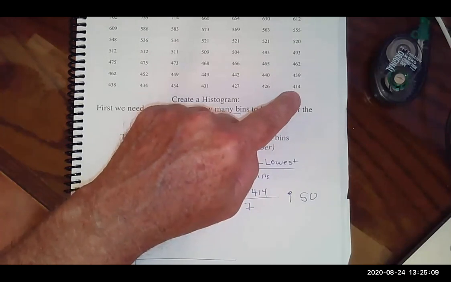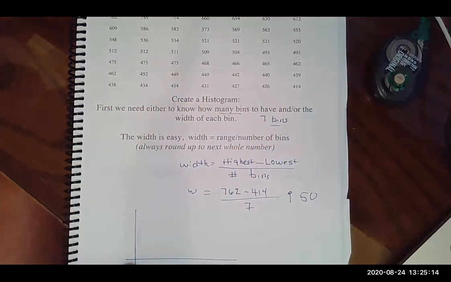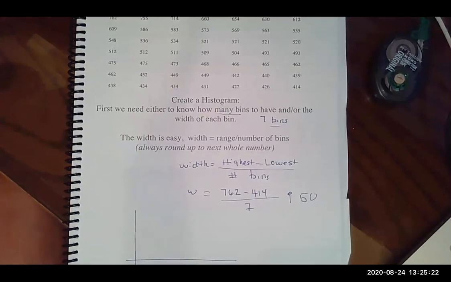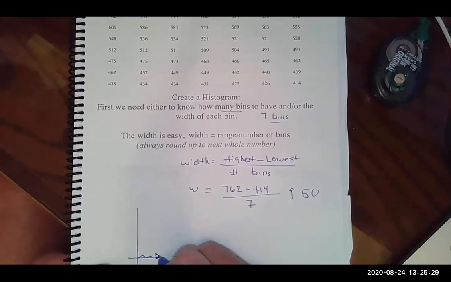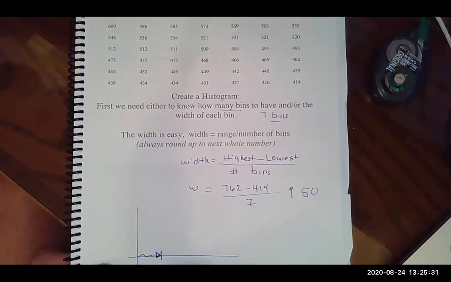You don't, because your first bin would be empty. If I go from 0 to 50, what raw data will be from 0 to 50? Nothing. So I'm going to go like this, squiggle, squiggle. It's used a lot. I'm not going to use anything until I get to maybe 400.